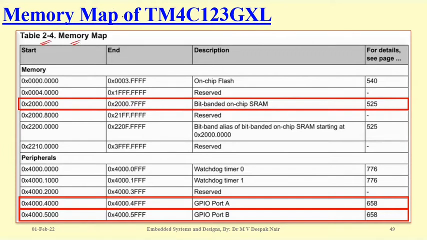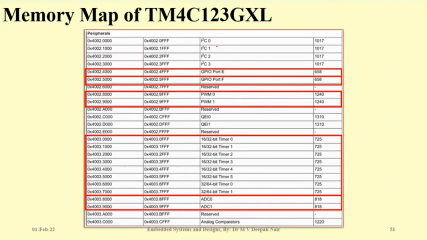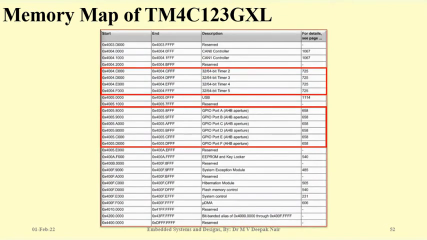Please download the data sheet and cross check these memory addresses. Whether you take it from TI or any other microcontroller board, the first thing you should know is the memory mapping, the list of peripherals and their starting and ending addresses, and then we can explore further. Anyone having any doubt or difficulty in this part?